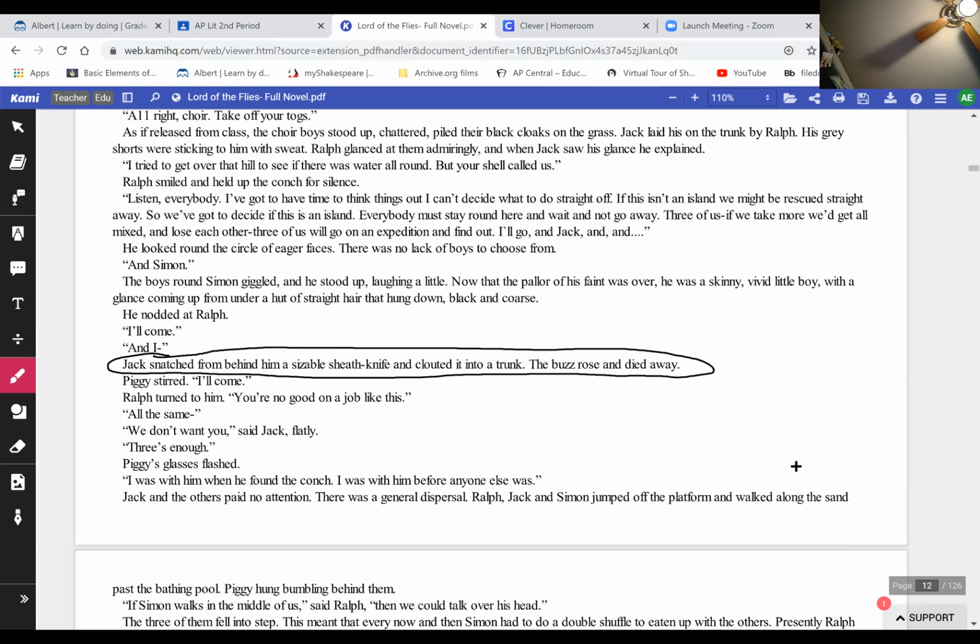Seems like a pretty big knife, a sizable sheath knife, and clouted it into a trunk. And that's a weapon, right? And he's really the only one on the island with a weapon like this, with this knife. And this knife becomes incredibly important, and it gives him power. You think about the countries that are considered the most powerful in the nation, and for the most part, they're the ones with the atomic weapon.